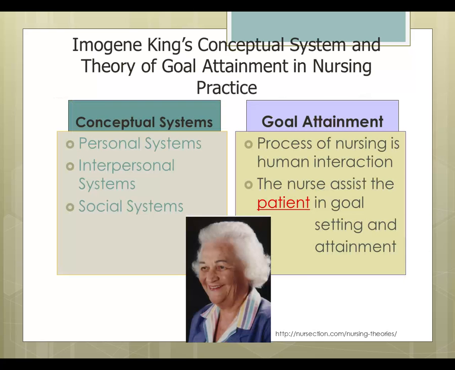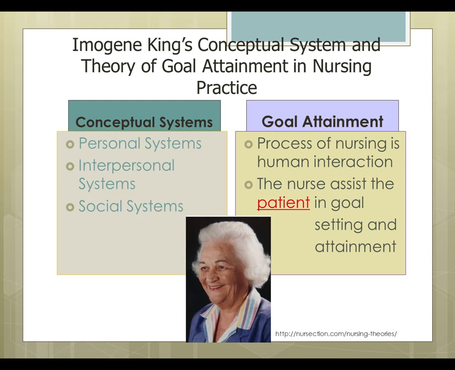Okay, Imogene King's conceptual system and theory of goal attainment in nursing practice. So this is also another great model. King was dynamic. The model is made up of 2 theories. One is the conceptual systems theory, the other is the goal attainment theory, and they work together to make the big model. In the first, the conceptual systems, and again, remember I said systems will keep playing over and over again in these models.